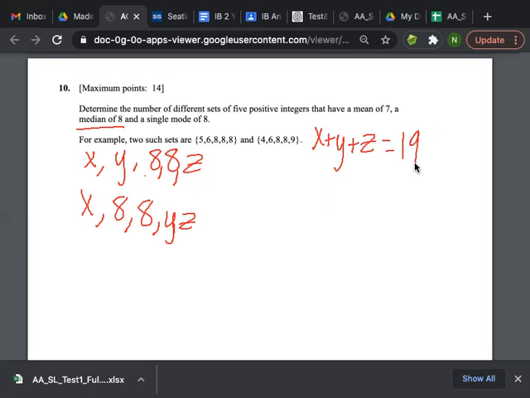Okay, so from here, in these 2 cases, are there any numbers I can plug in for X, Y, and Z that correspond with this order that could equal 19?